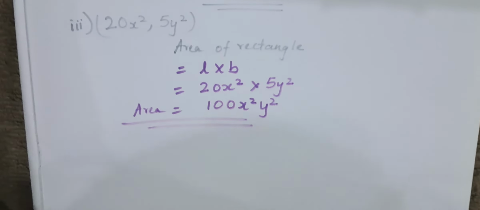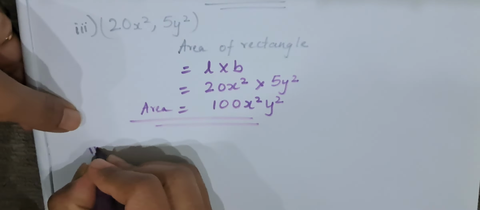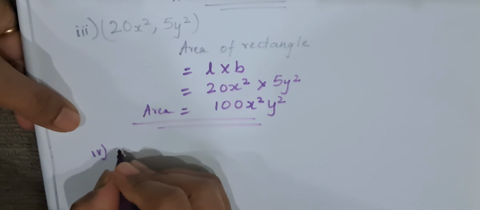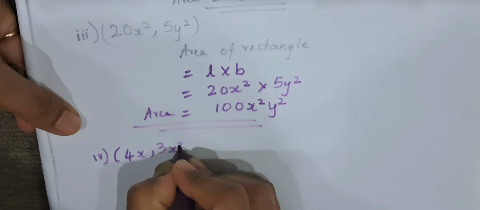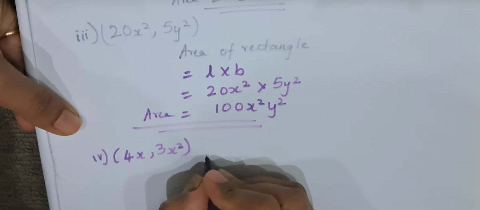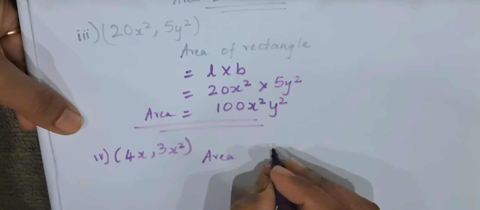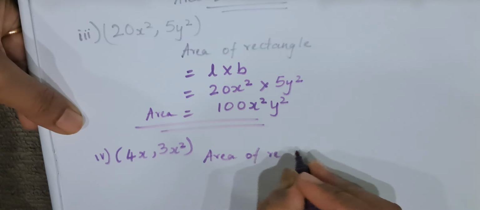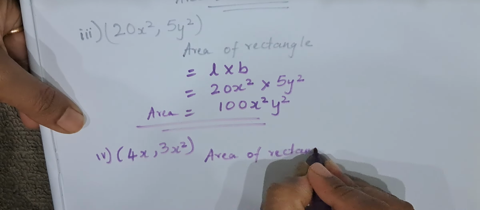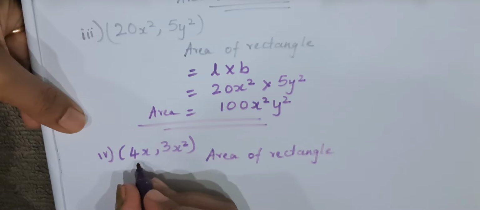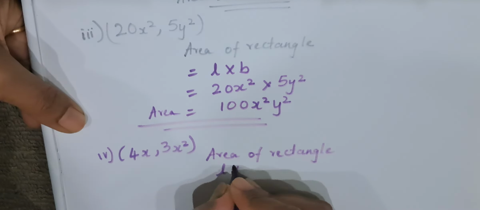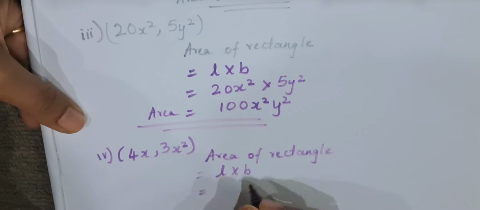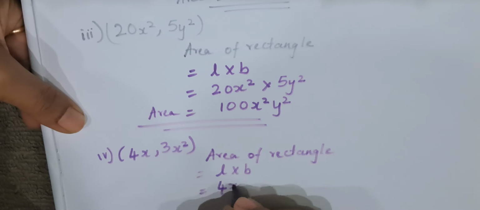Okay. Now let us see the fourth sum. In the fourth one, the pair of monomials are 4x and 3x square. Now in this case, to find the area of the rectangle, what we have to do? We have to multiply the pair of monomials because 4x is the length and 3x square is the breadth. So area of rectangle is length into breadth. That will be 4x into 3x square.